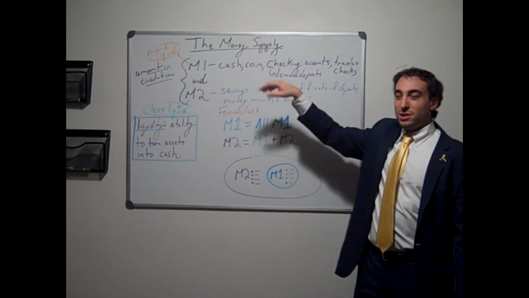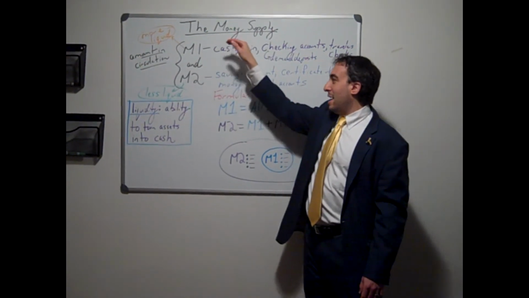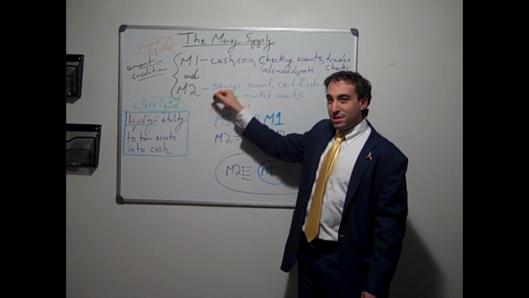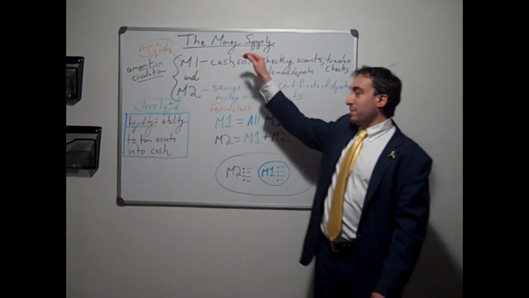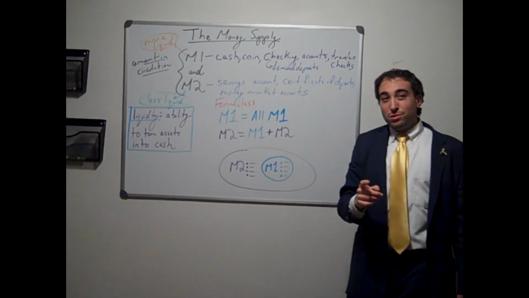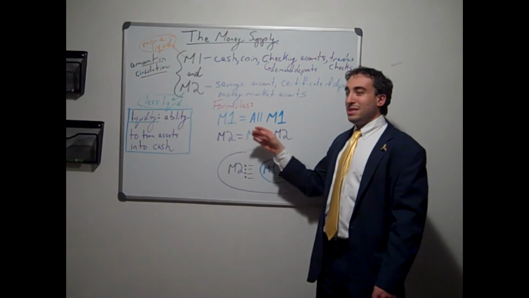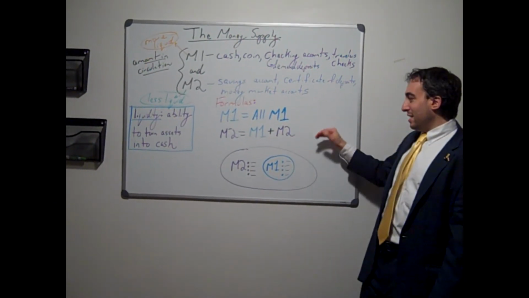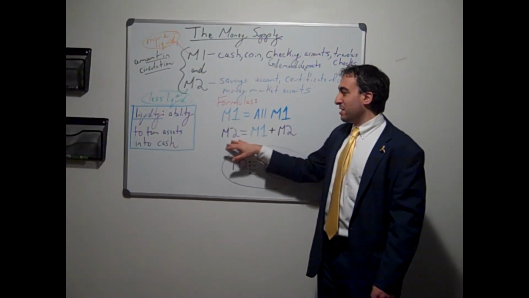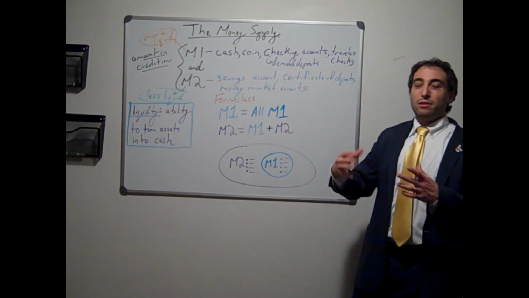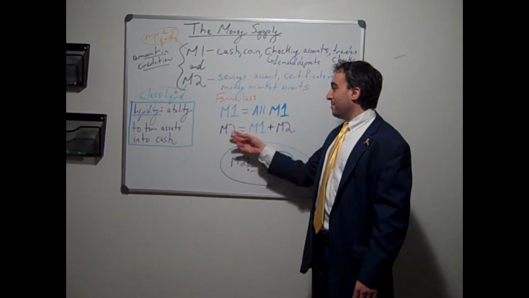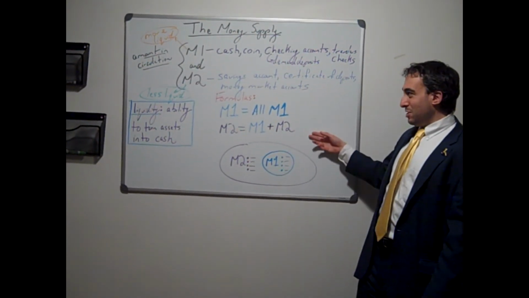However, if you took that $5,000 cash and put it into savings, M1 decreased, but M2 remained the same, because M2 is M1 plus itself. The reason the formula has to be like that is because it recognizes that M1 can become M2.